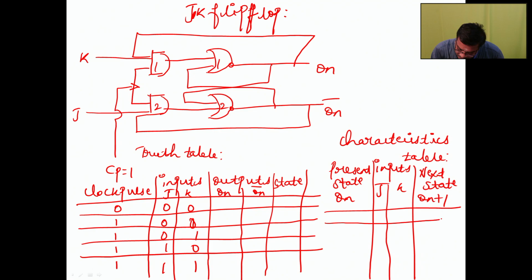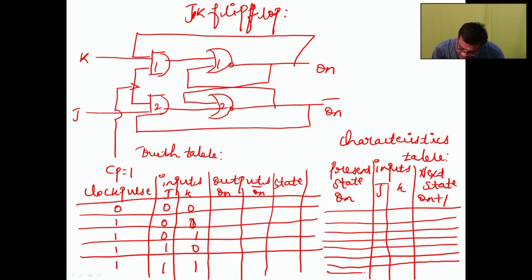For 0 0, it is no change. Similarly for 0 0 1 we are giving, it is a no change.